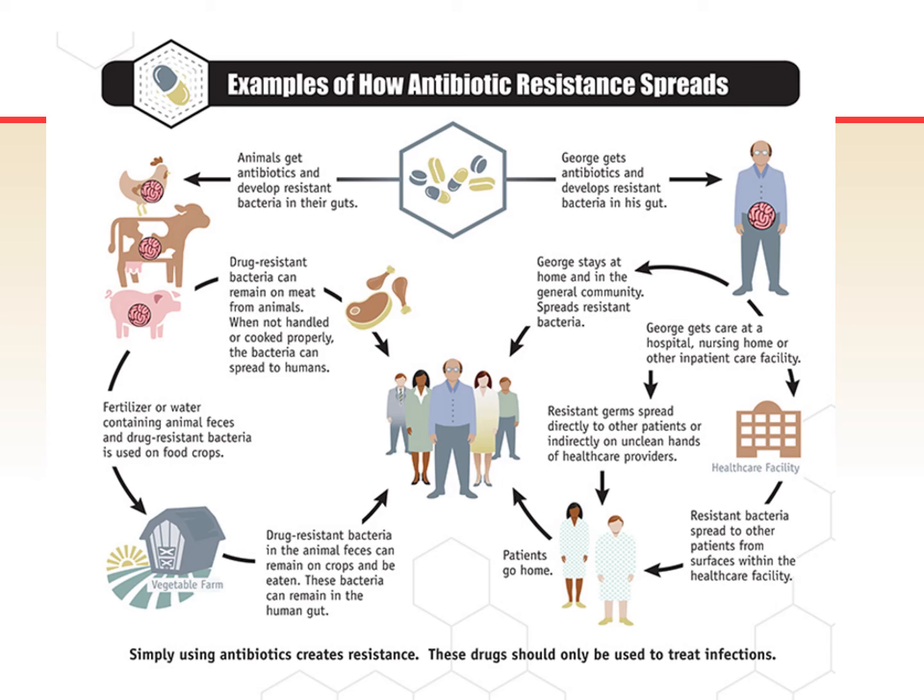Alternatively, in the scenario we just talked about, where a person is prescribed antibiotics that cause resistant microbes to build up in the gut, that person, if they're not washing their hands and stuff, can spread that resistant microbe around the community.